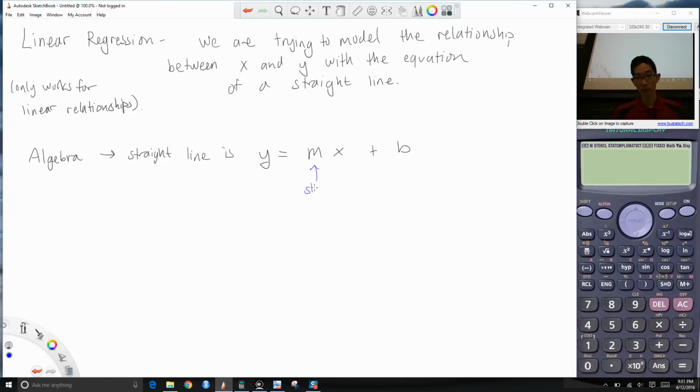This is the slope, okay, and what is B? The intercept, okay, and what are X and Y? Slope might be defined as rise over run, but what's X and what's Y? Yeah, these are your variables, okay? This is your X variable, and this is your Y variable, right?